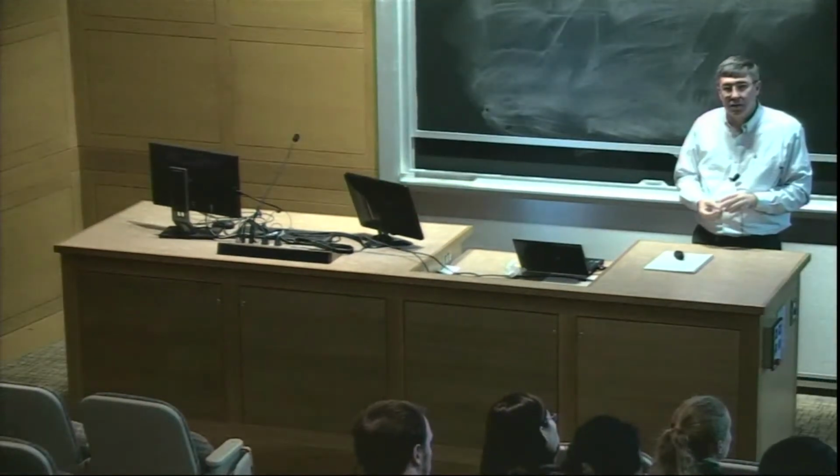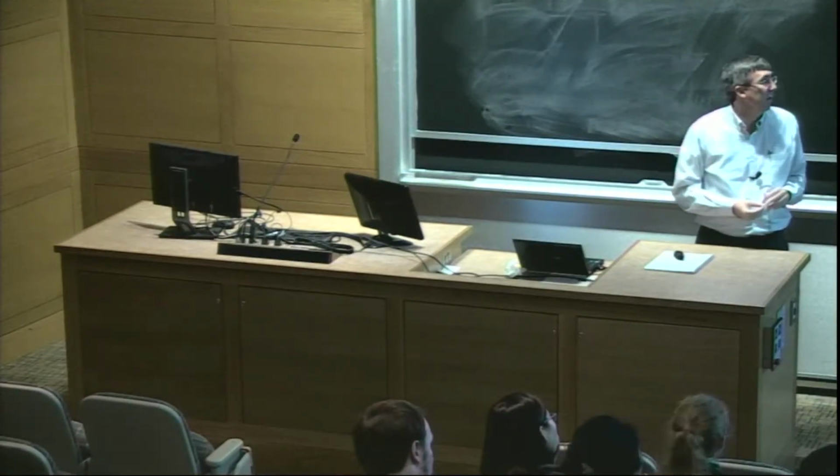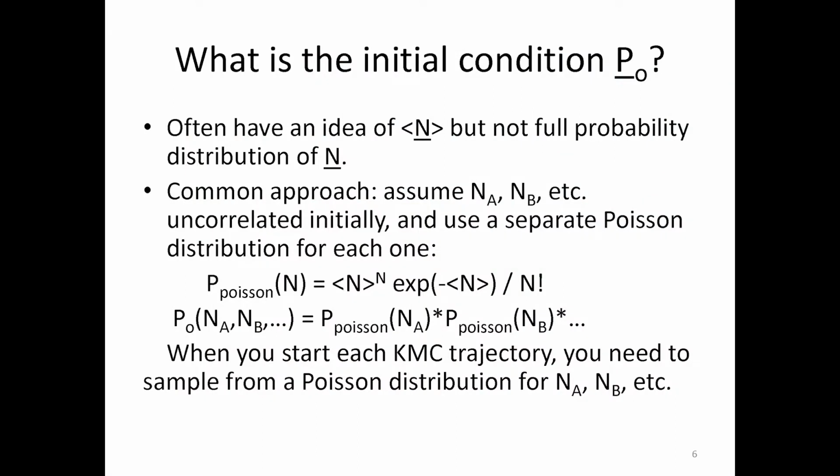And so that's the formula for the Poisson distribution. You have to know the average values of NA, NB, and C. And then you can see that the unaveraged n appears in the exponent and in the factorial. You see that? All right.